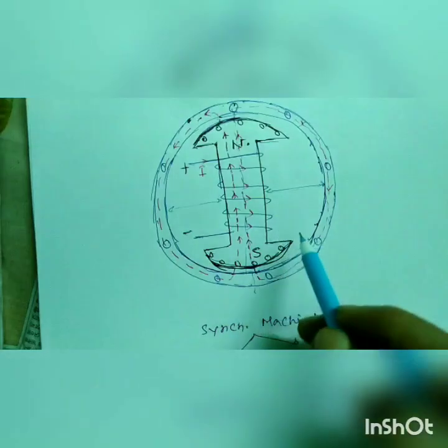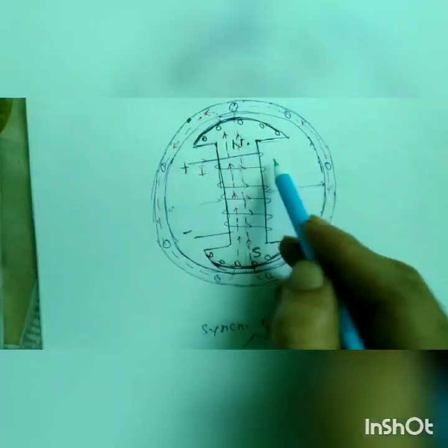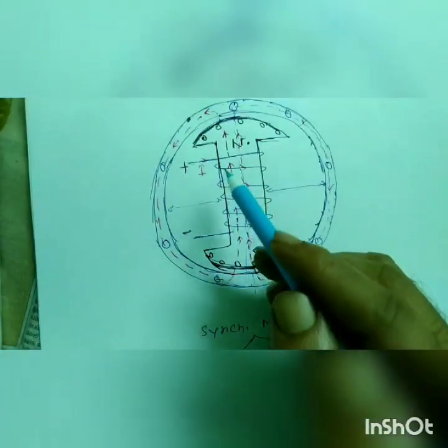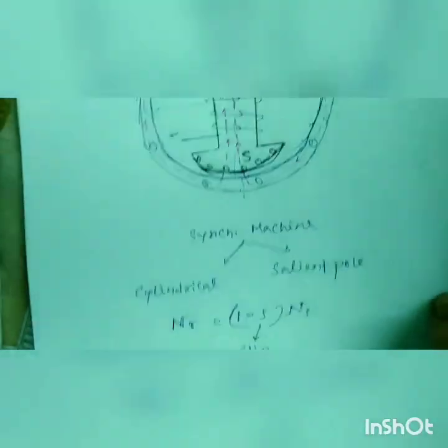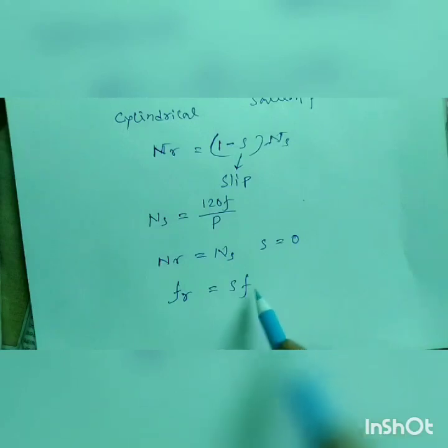So in the case of a synchronous machine, fr is nothing but the field EMF frequency. For a DC source, f is 0.